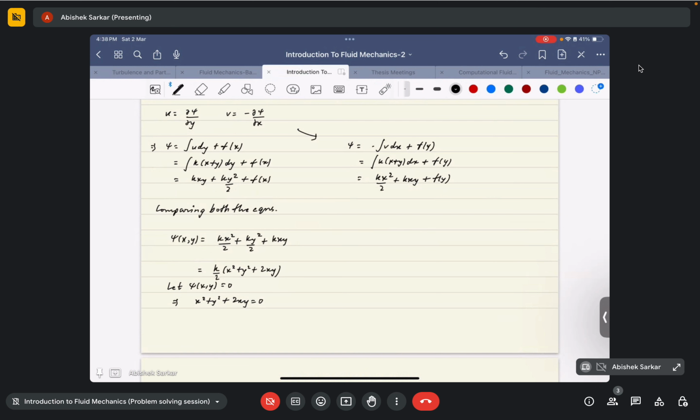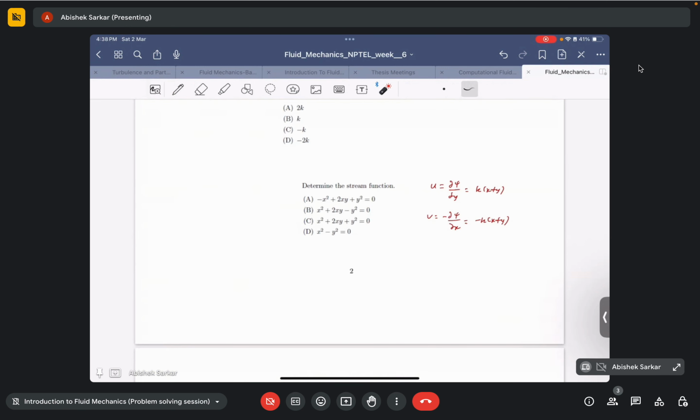From the final expression itself, you can just consider that the generic form of the stream function for different values of the constants would be x square plus y square plus 2xy, and just try to find the similar related expression in the options. The expression for the stream function will be given by C, that is equal to x square plus 2xy plus y square.